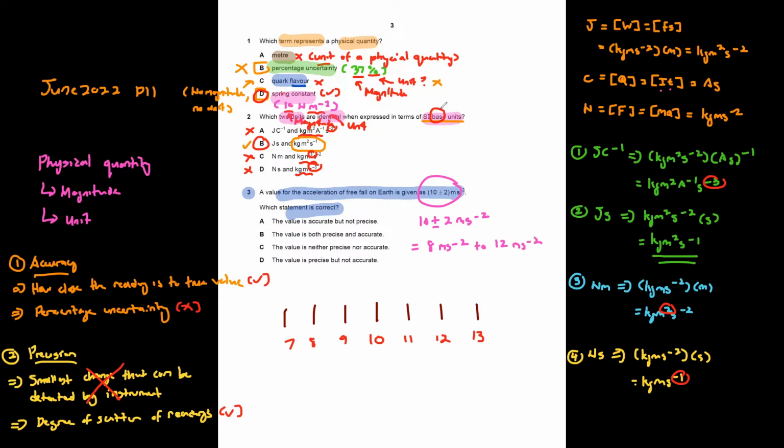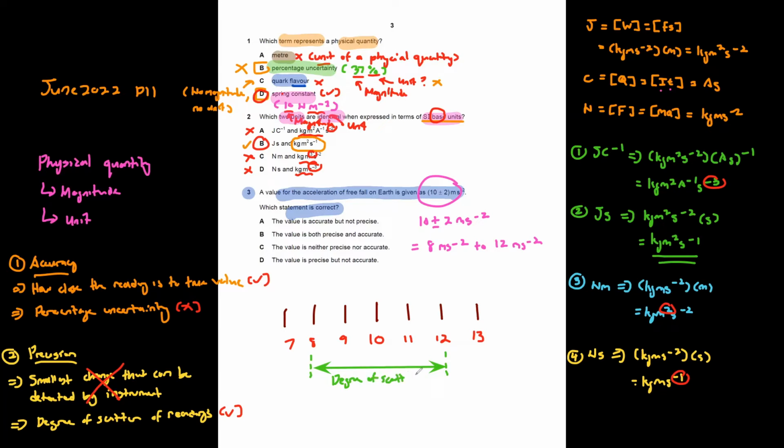This is the range of your values. So if it's between 8 to 12, your scatter is actually from here to here. This one here represents your degree of scatter.